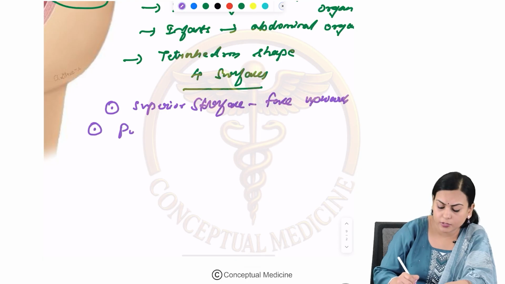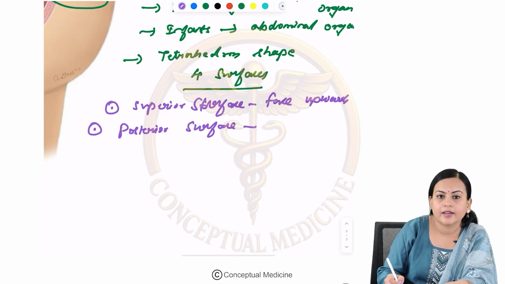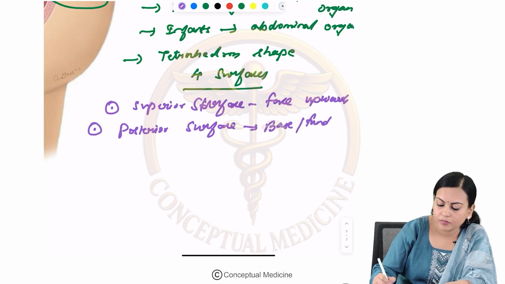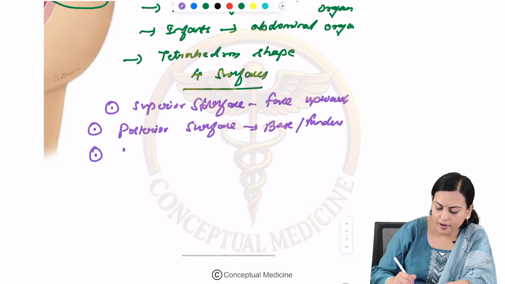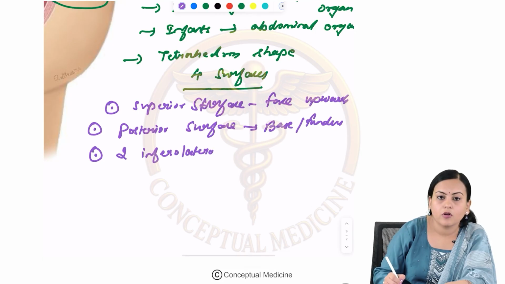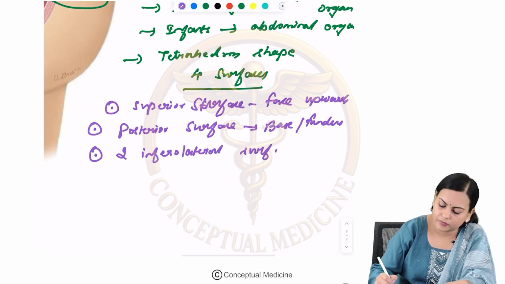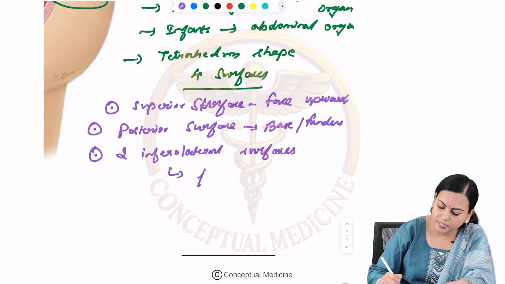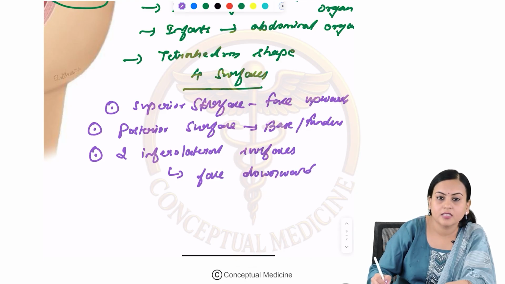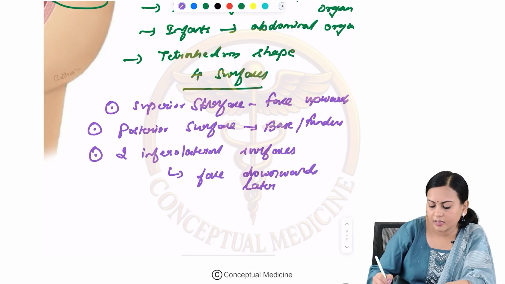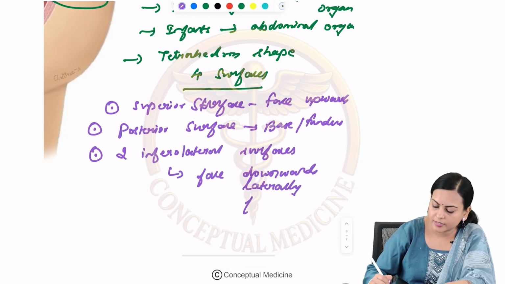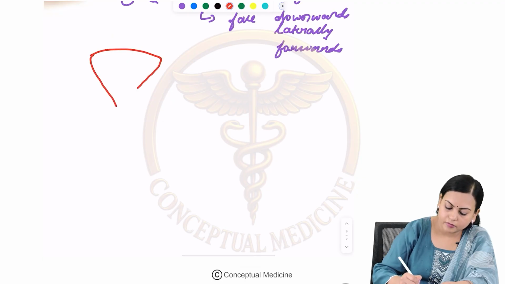Next one is the posterior surface, or we can call it as the base or fundus. Then you have 2 infralateral surfaces. Infralateral means they face downwards, laterally and forwards. So, this is the bladder.